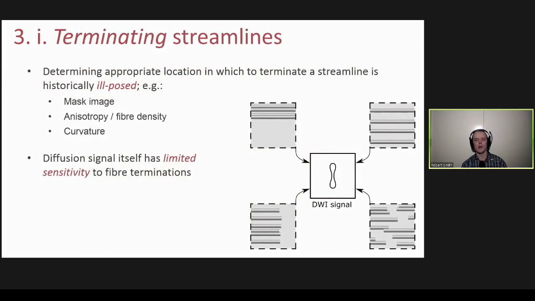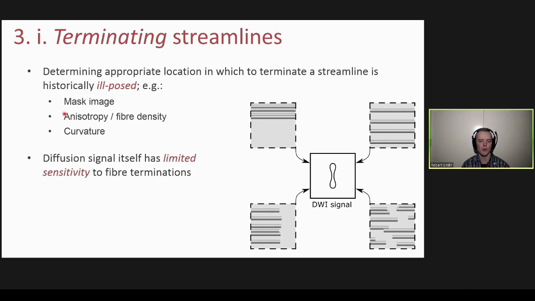So when it comes to the termination of streamlines, a long-standing issue with streamlines algorithms is that, while your diffusion model will tell you the orientations of the underlying fibers, it's not very good at telling you where they start and where they stop. Historically, people use some kind of mask image. You might apply some threshold on the amount of fiber anisotropy in your diffusion model.